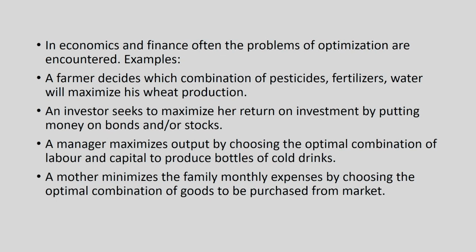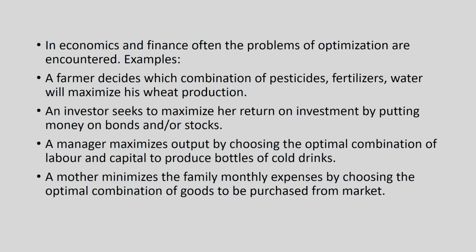And then we come to the third example. A manager maximizes output by choosing an optimal combination of labor and capital to produce bottles of cold drinks. So this is from the area of, let us say, industrial production. Here the production one is talking about is production of bottles of cold drinks. Now cold drinks could be produced by using labor and capital.